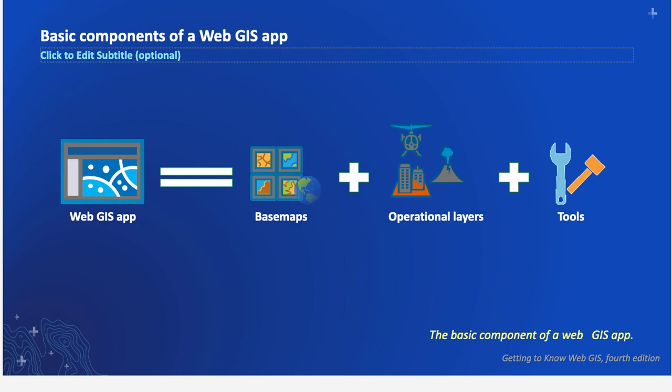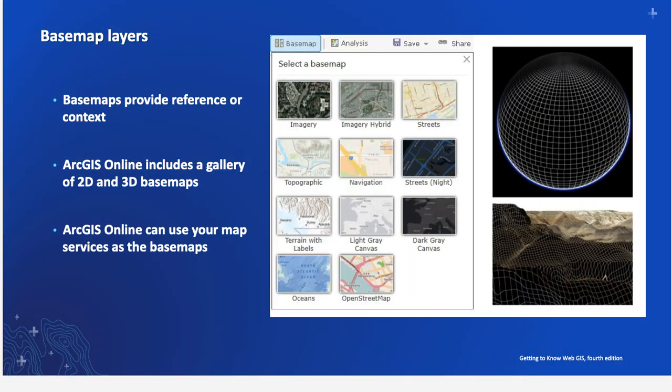And these are the basic components of a web GIS app. Today's best practices recommend that a GIS app have a base map, operational layers, as well as tools. For base map layers, base maps provide reference or context, and ArcGIS Online includes a gallery of 2D and 3D base maps, and you can also use your map services as the base maps.